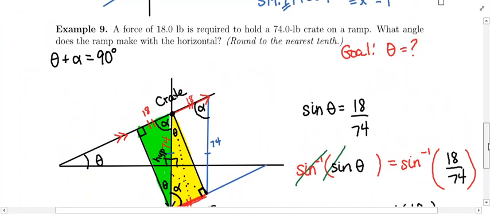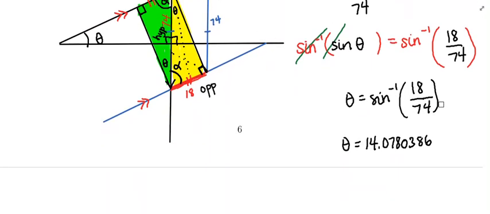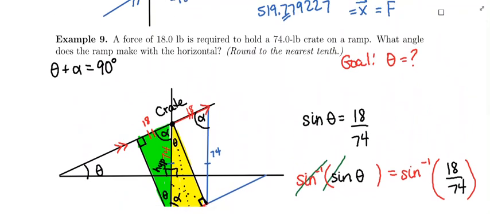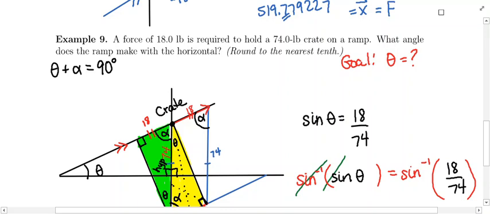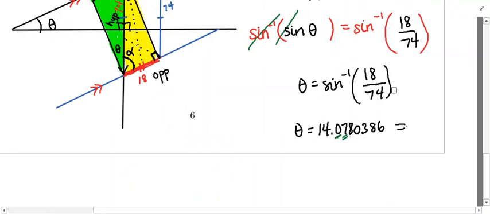The directions say to round to the nearest tenth. That's one place after the decimal, so there is a 0 here. The 7 says we've got to bump this up. So the measure of theta is approximately 14.1 degrees. That is the incline that we have been looking for.